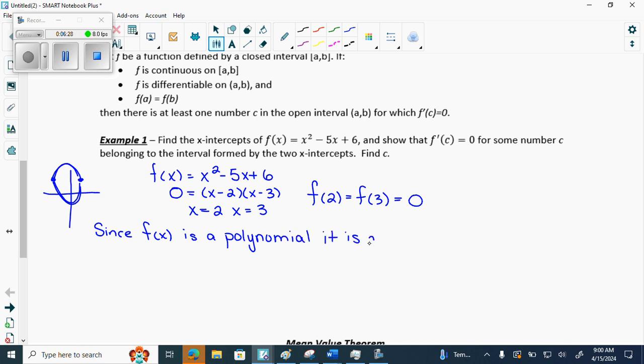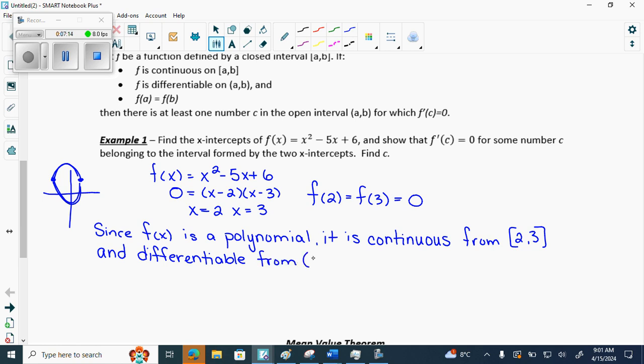So, since f of x is a polynomial, it is continuous from 2 to 3 and differentiable from the open interval 2 to 3.